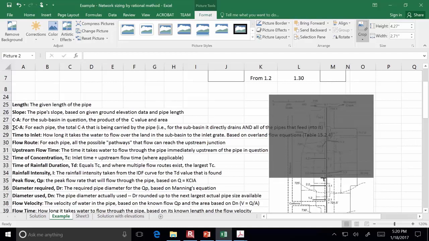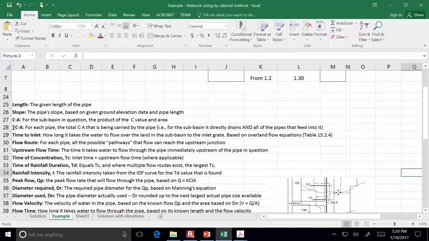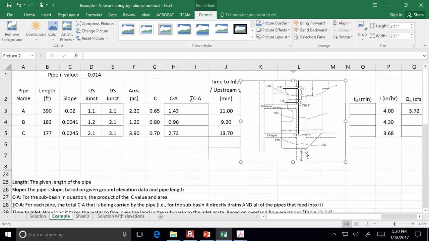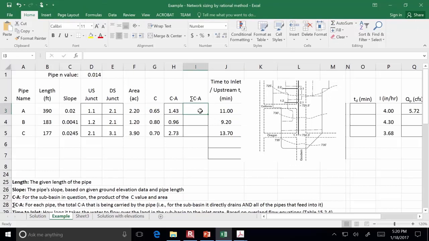We only have two here, right? All right. So look at what's in pipe A. Pipe A only gets water from this one inlet, 1.1. So the sum of the CAs is just 1.43.